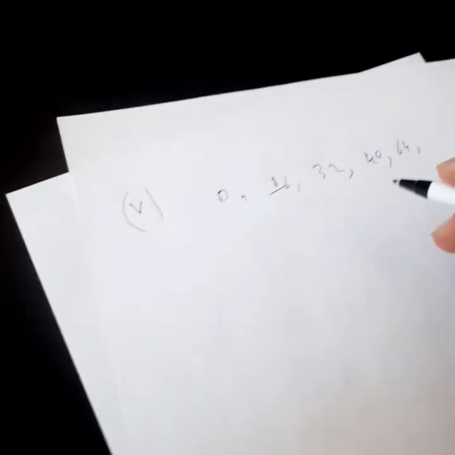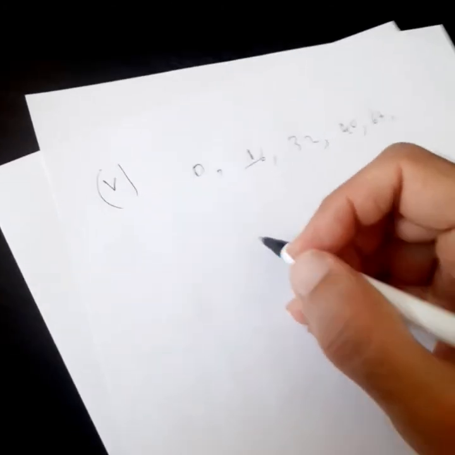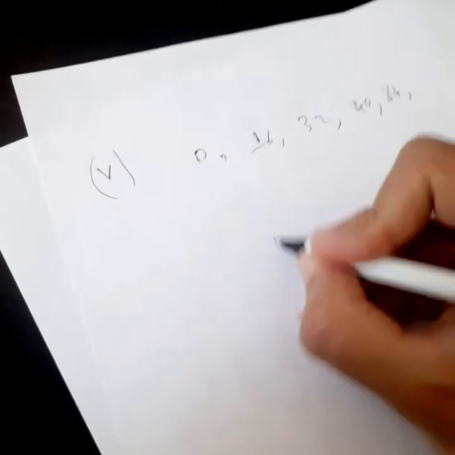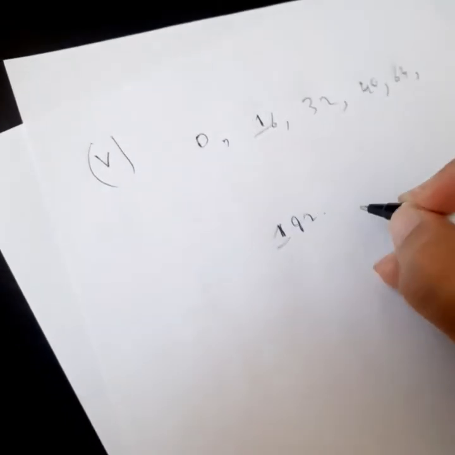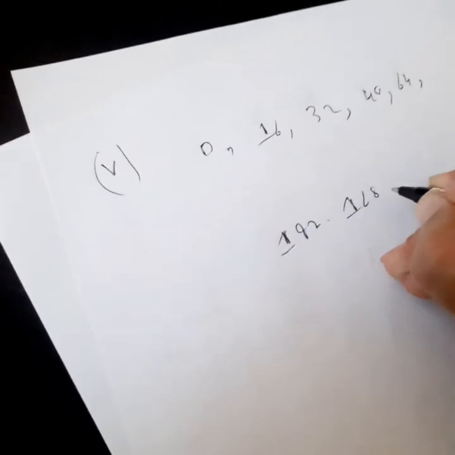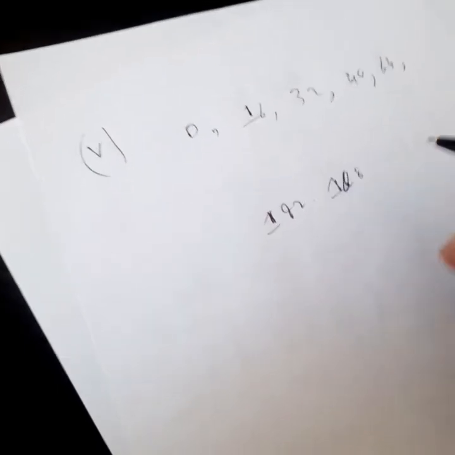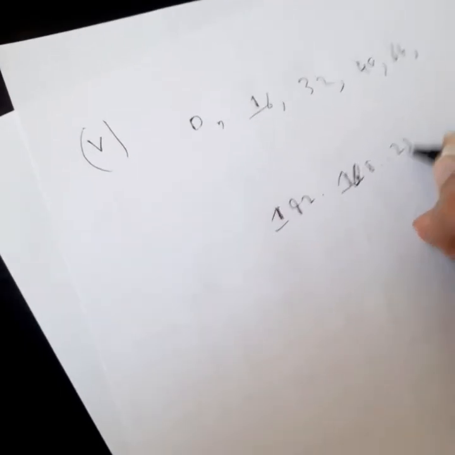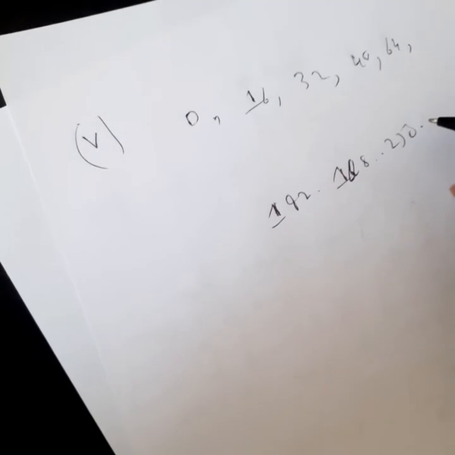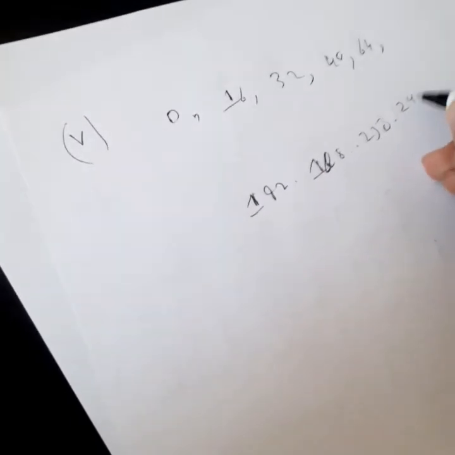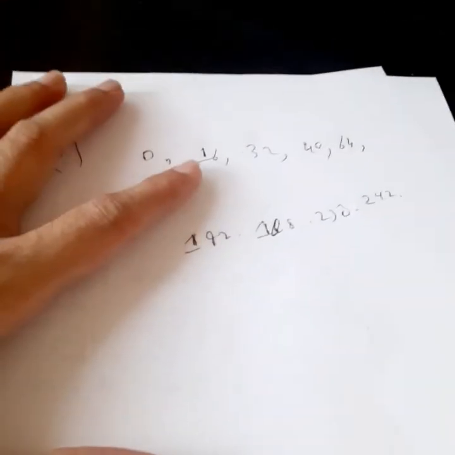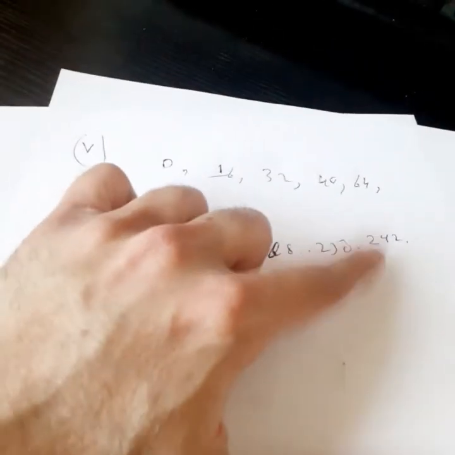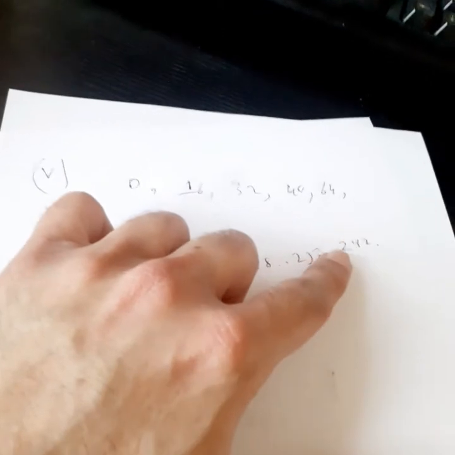Now what we have to see is that the IP address that was given to us was 192.168, class C obviously, and 250.242. Now we have to see what we can multiply to get closer to 242.